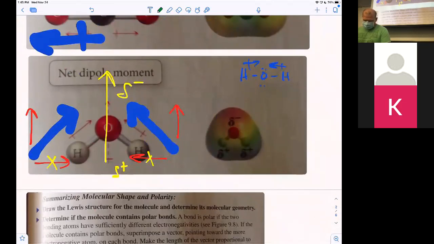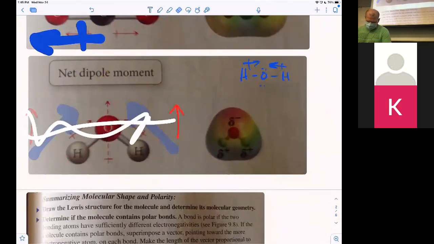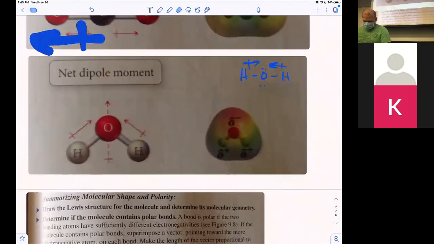So with water, it's also a polar bond, and you get a vector going in this direction. You have another vector going in this direction. So you have this vector plus this vector. And what happens is that you can write these vectors as components, like this and like this.